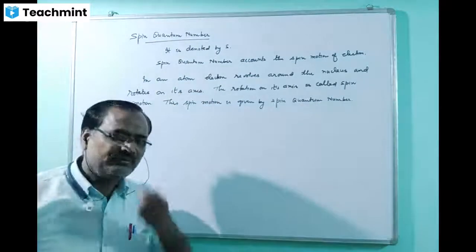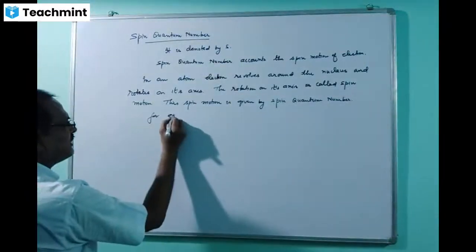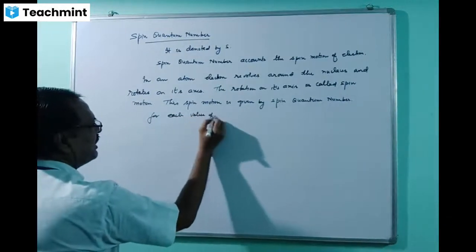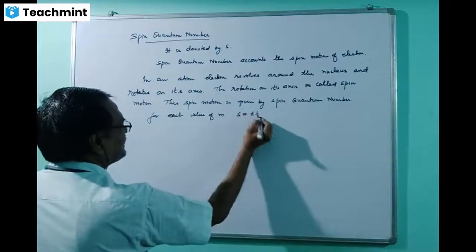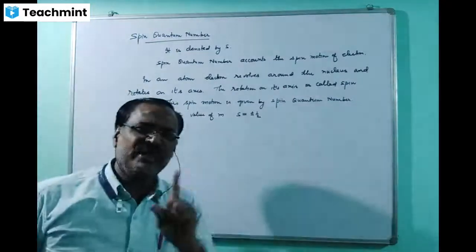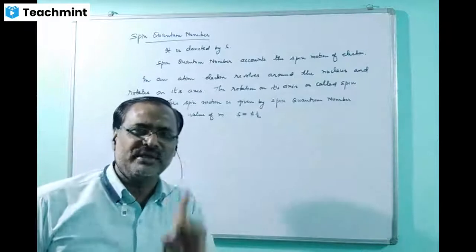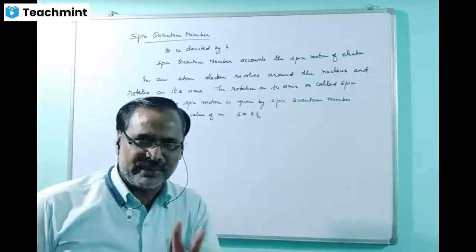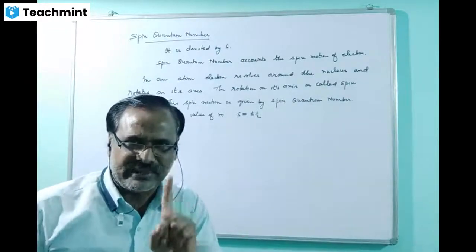In an orbital, for each value of m, s is equal to plus minus half. For each value of m, means one value of m will represent one orbital. So in one orbital, two electrons can be present.